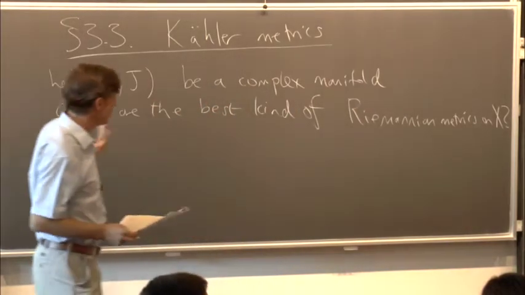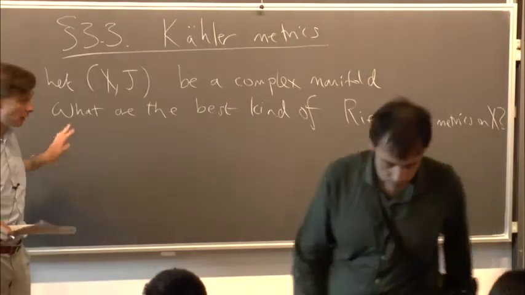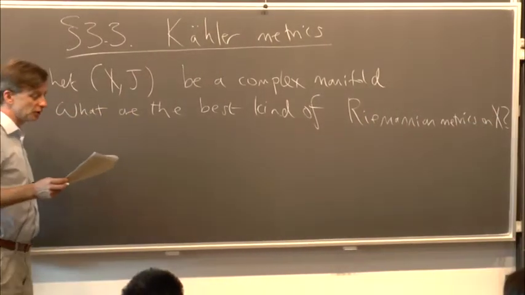So if we've got a Riemannian metric g, what compatibility conditions would we want to impose upon g and the complex structure J?